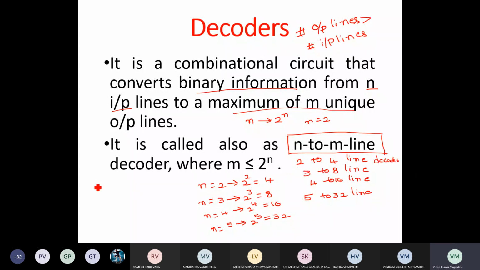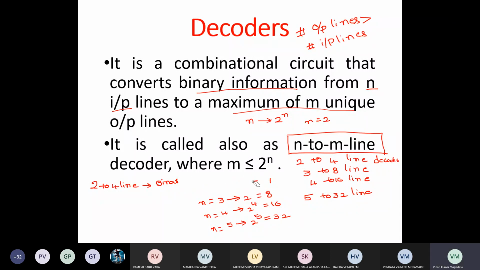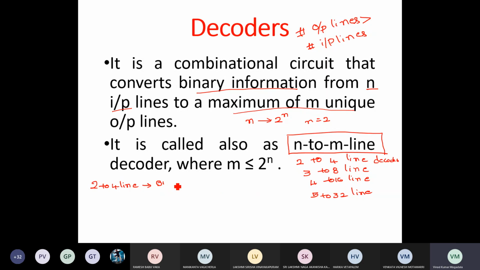A 2 to 4 line decoder is also called binary to nibble decoder, because a collection of 4 bits is called a nibble. And a 3 to 8 line decoder is called binary to octal decoder, because 8 corresponds to octal.